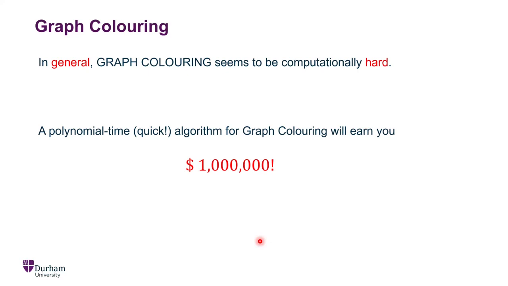And in fact, which also goes to show that people do care about graph coloring enough, if you or anyone else manages to find a quick algorithm, a quick method to answer what the chromatic number of any given graph is, then you will earn yourselves $1 million. This problem is actually one of the Millennium Prize problems. So it must be quite an important problem for it to have such a reward if you solve it.